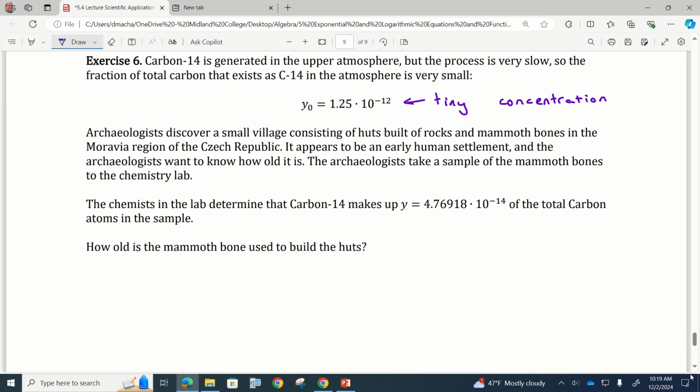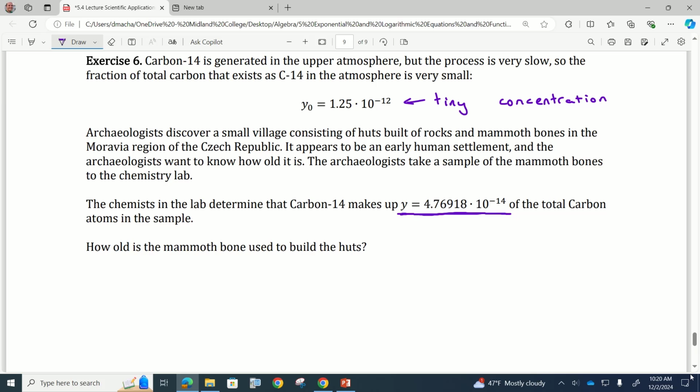You would take a little scoop of one of the mammoth bones, and you take it back to any modern day lab that has fancy equipment, and you ask the chemists, please tell me, what is the concentration of carbon-14 among the total carbon in this organic material? And they'll run their fancy machines and they tell you, the total concentration of carbon-14 among the total carbon atoms in this material is a super tiny number, it's 4.7 blah blah blah, times 10 to the negative 14. So very, very, very small number.